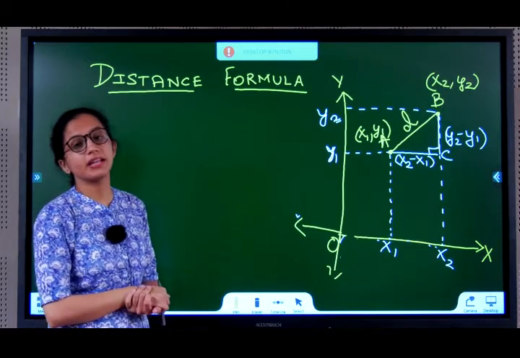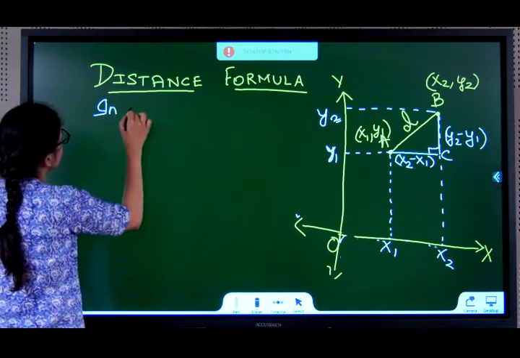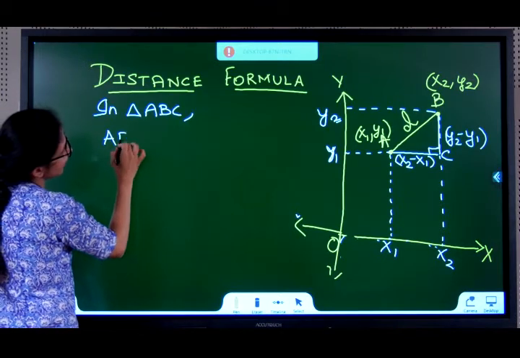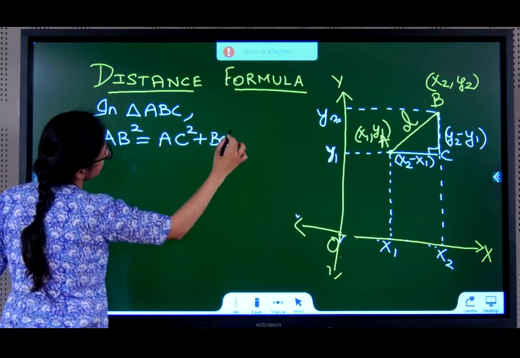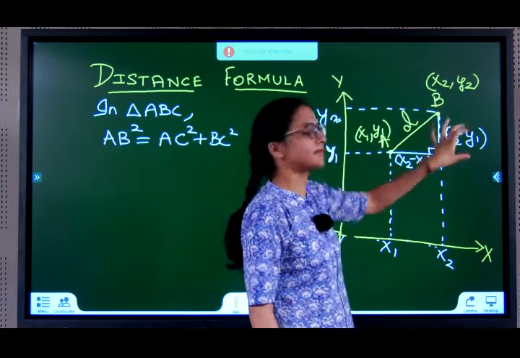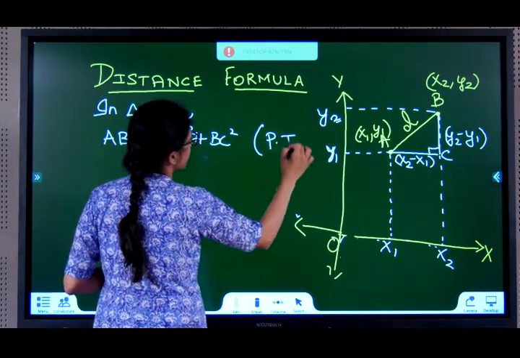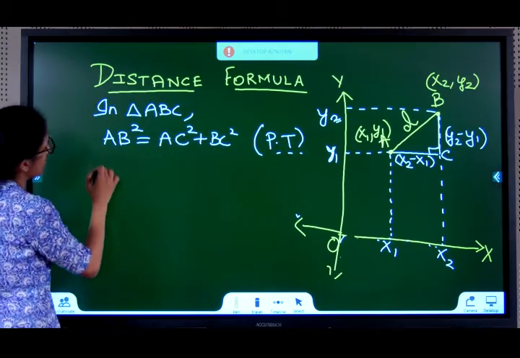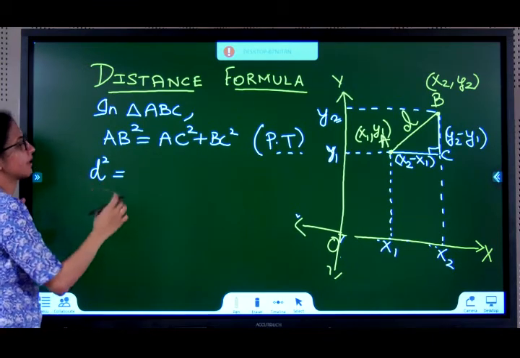Let the distance between A and B be D. In triangle ABC, AB square is equal to AC square plus BC square. Why? Pythagoras theorem. Please write it down. Don't write PT, write the full form. AB is nothing but D, so AB square, D square.